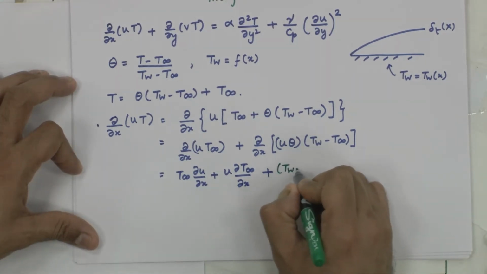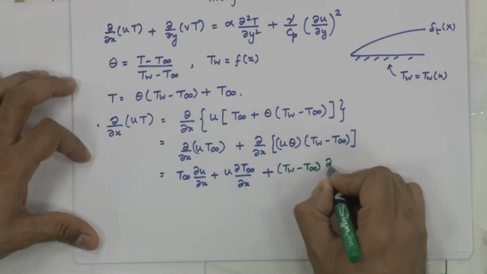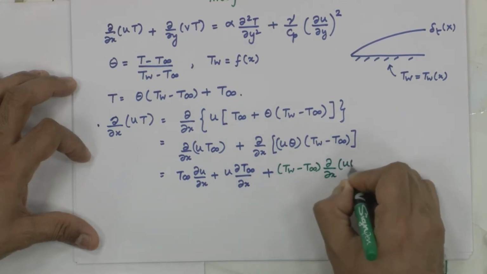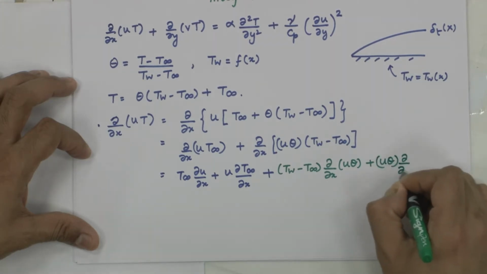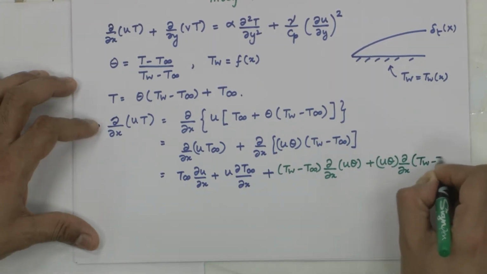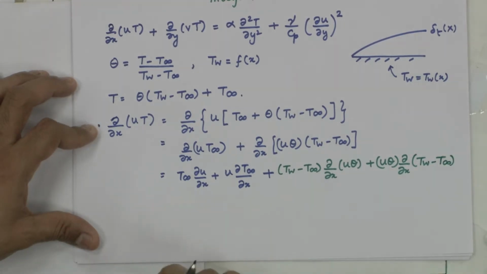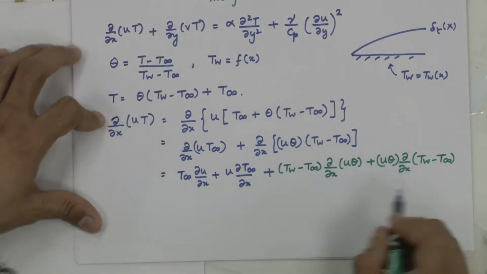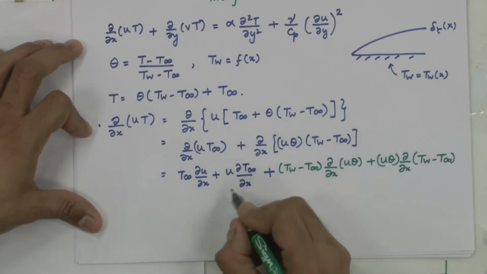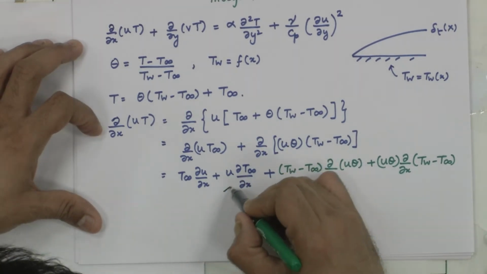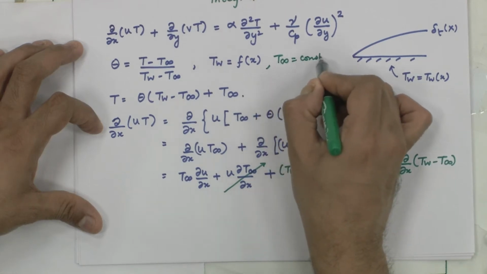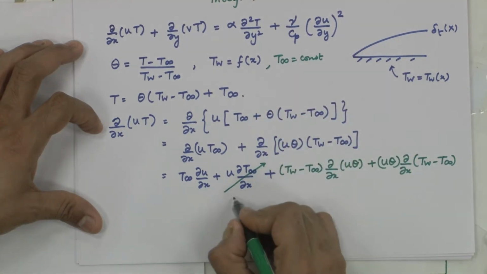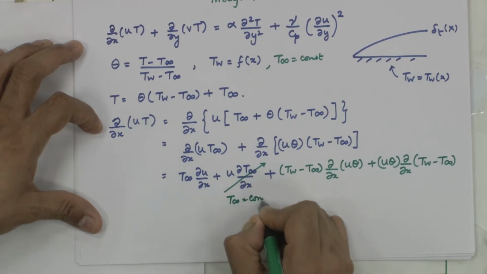So, this is (T wall minus T infinity) d by dx of u theta plus u theta d by dx of (T wall minus T infinity). 4 terms are there, and T infinity has been assumed to be constant. So, I did not write it here. So, T infinity is constant. So, this derivative goes to 0.